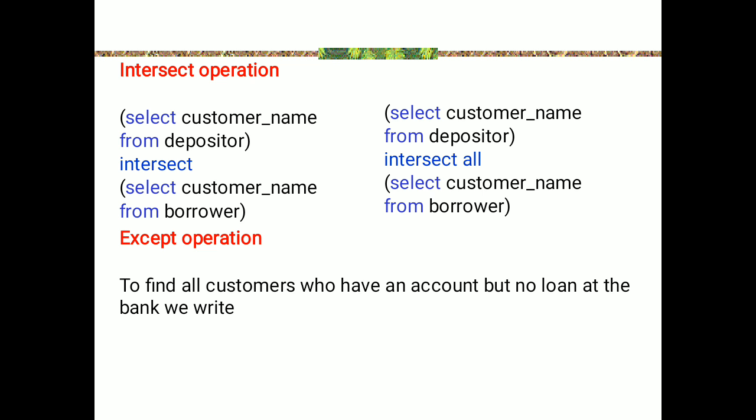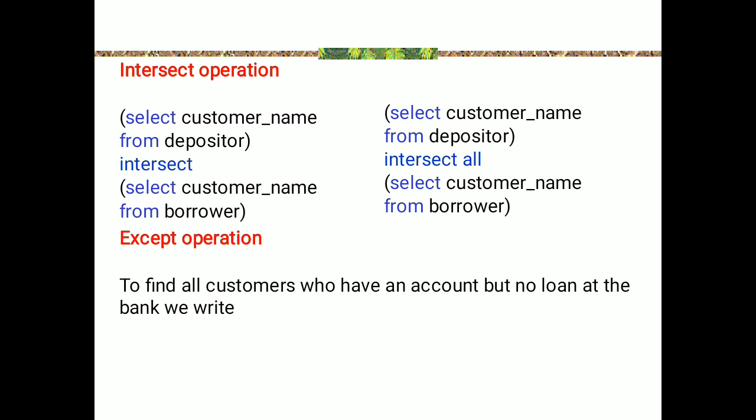Next operation is the intersect operation. So select customer name from depositor, intersect, select customer name from borrower. So the customer names who are present in both depositor and borrower tables will be displayed here.